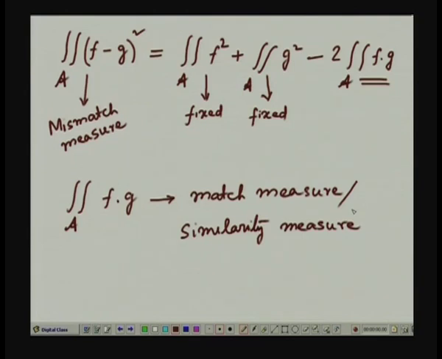Now, the same conclusion can also be drawn from what is called the Cauchy-Schwarz inequality.